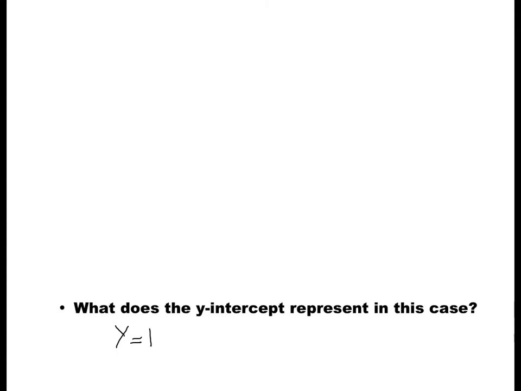This means that the initial height of the ball when it was shot by the quarterback is 1 meter. This is the initial height when the ball was thrown in the air.